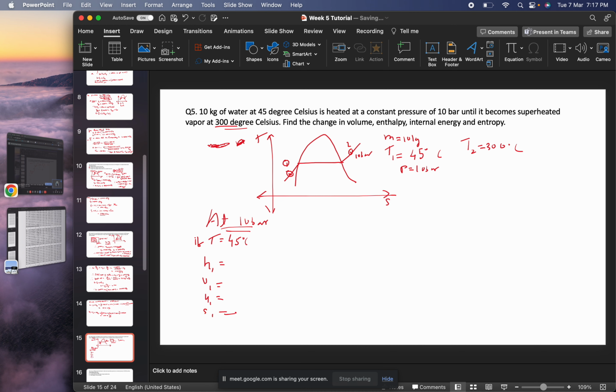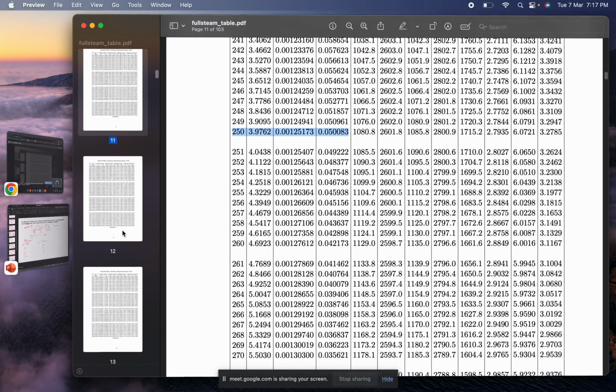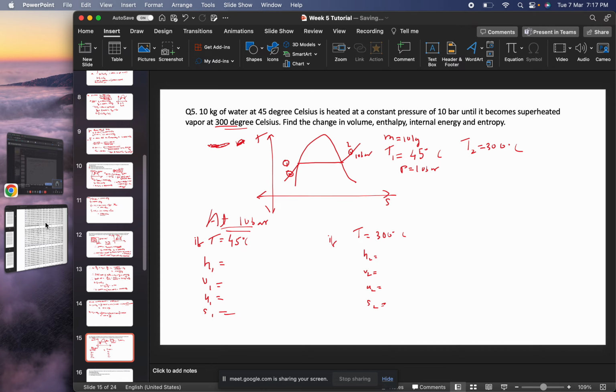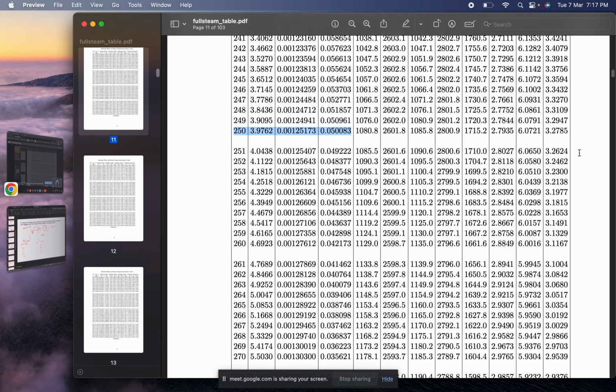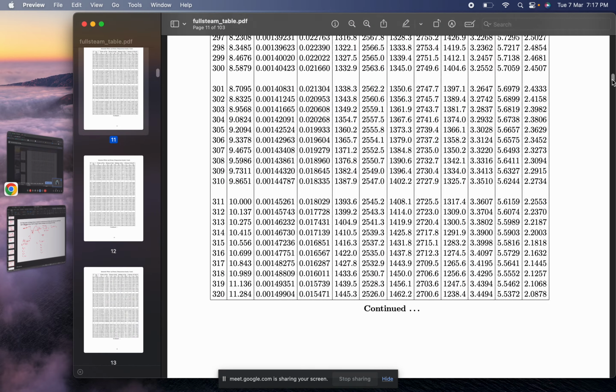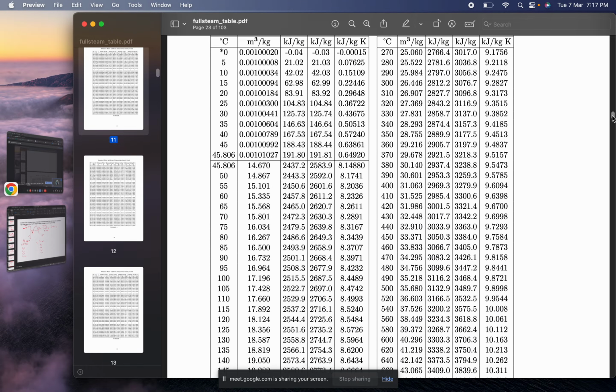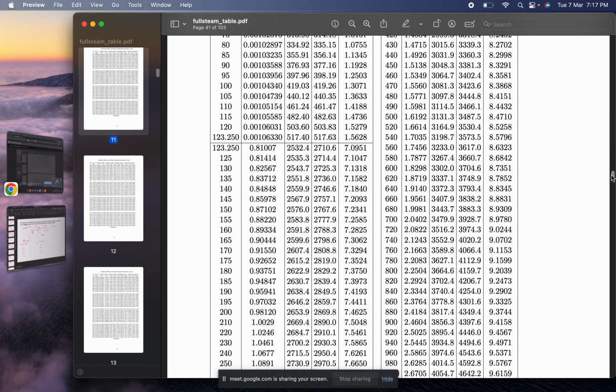And similarly, if your T is 300 degrees Celsius, then you will get H2, V2, U2, and S2, okay. So wait a minute, 10 bar, that means 1 megapascal, okay. So go to the 1 megapascal superheated chart, compressed and superheated chart.